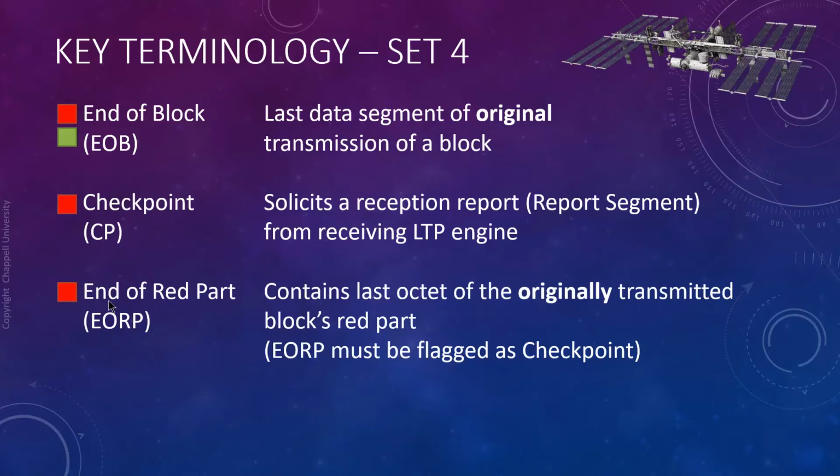Then there is another designation that we can have only on red data, and that is EORP, which is end of red part. And we see this when we have a session that includes red data and green data. We'll have a marker at the end of the red data part, an EORP, and it will also be flagged as a checkpoint as well. So we will see this coming up.